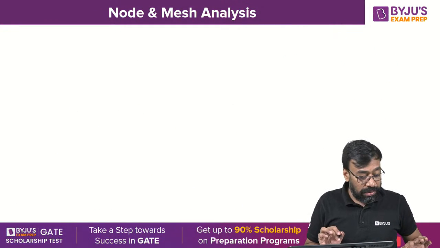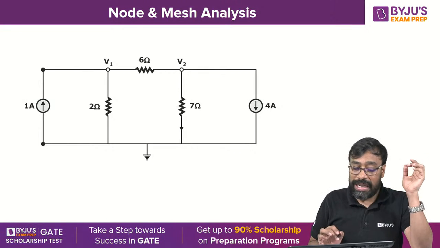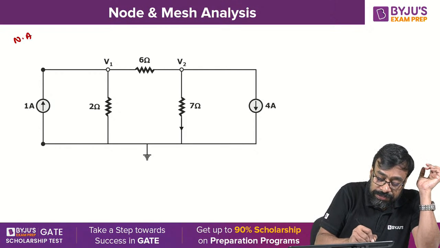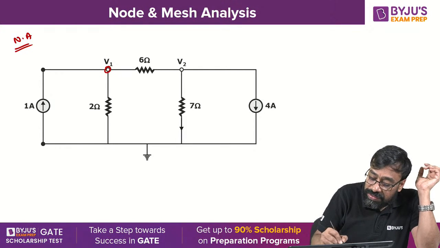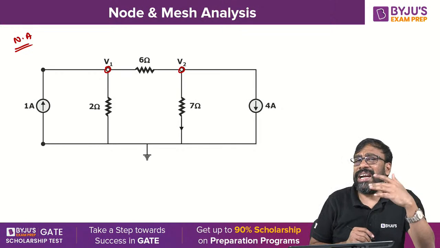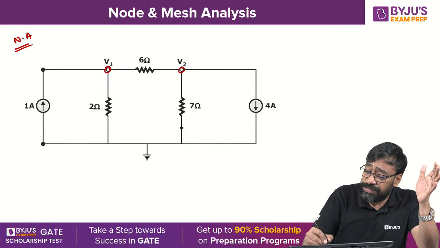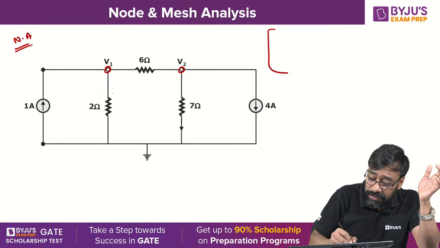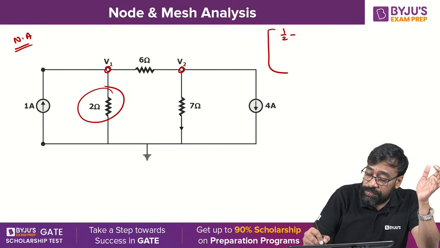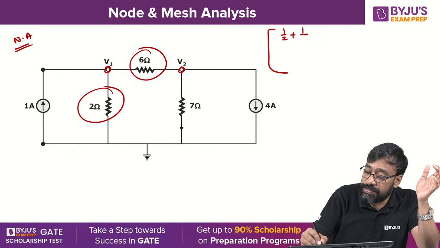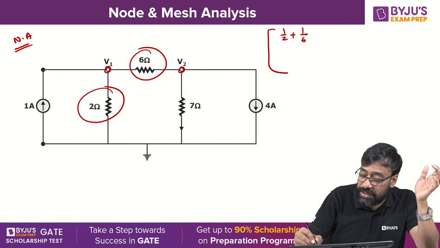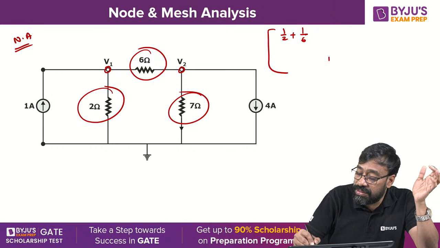Now I would like to solve it using node analysis. This is V1, this is V2. Shall we write it directly by the inspection method? Tell me: 1 by 2 plus 1 by 6, then 1 by 7 plus 1 by 6.